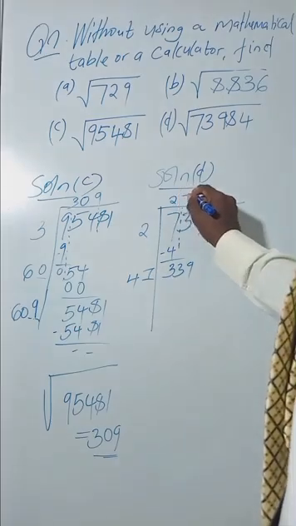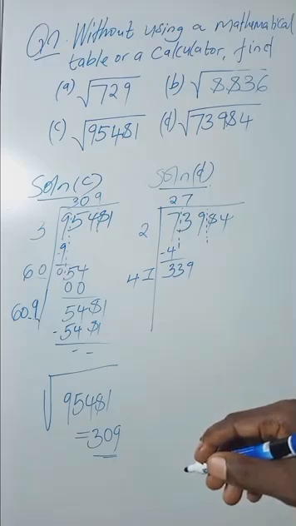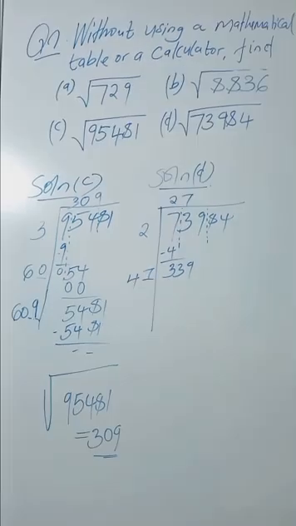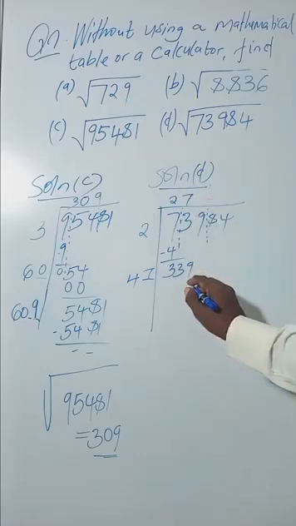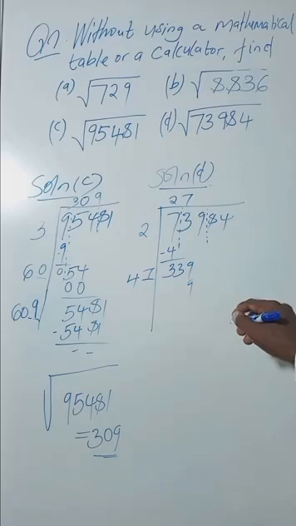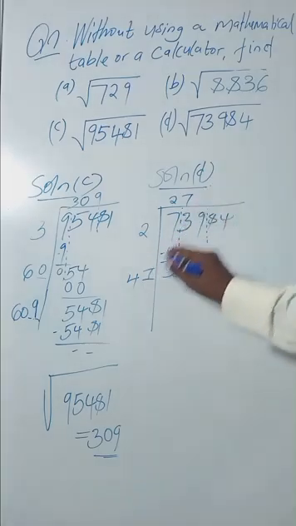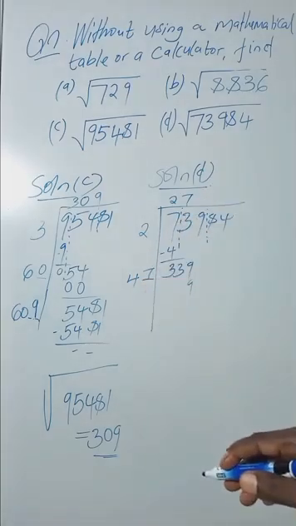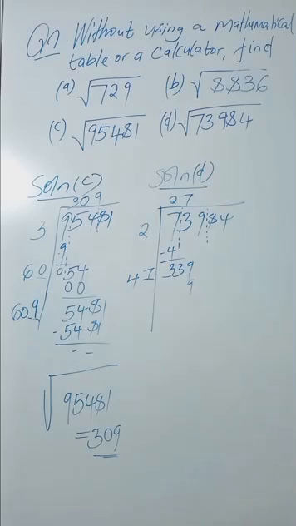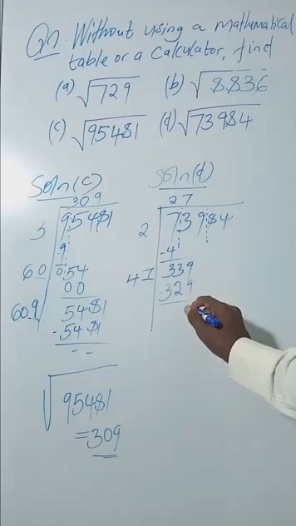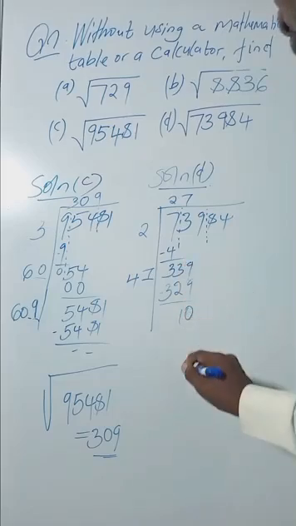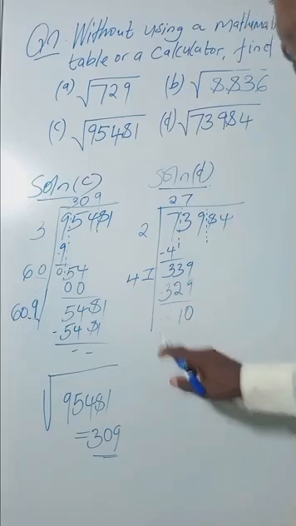Put 7 here and 7 there. Multiplying, 7 times 7 is 49, we carry 4. 7 times 4 is 28, plus 4. Subtracting here, we get 0. We get 10 here. Here is nil.